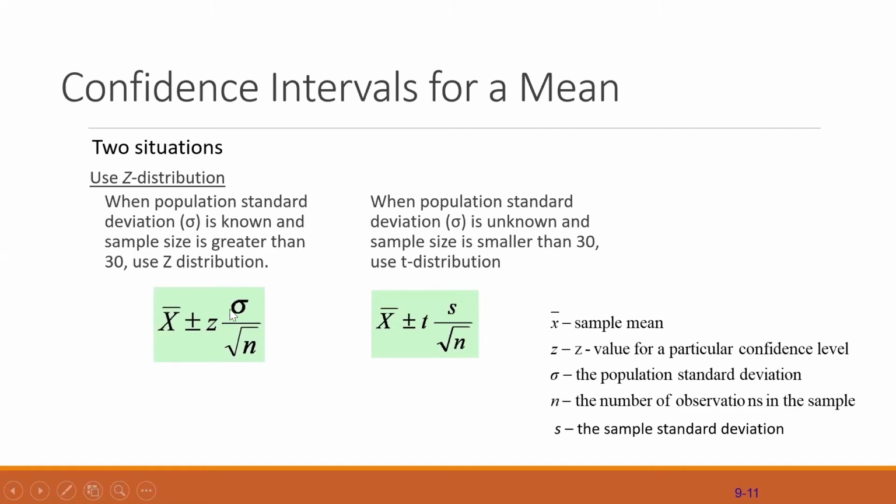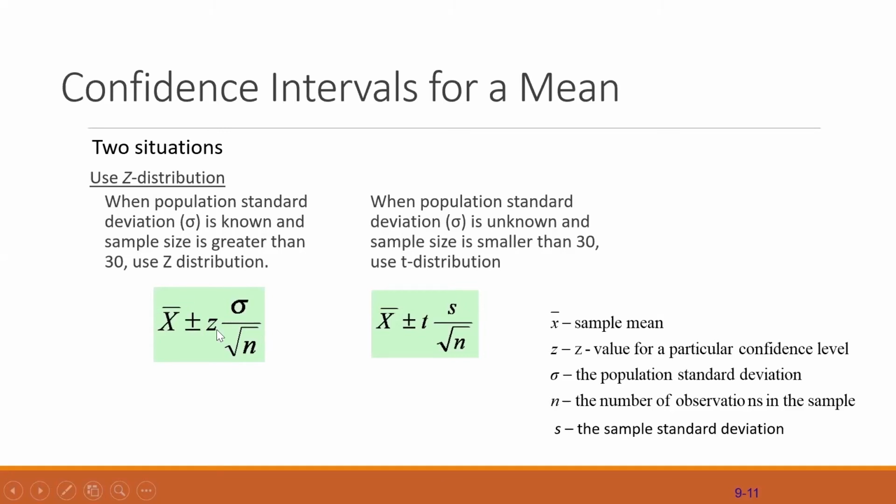That z-value comes from the standard normal distribution. Again, I do not intend to go beyond there. If you learned this and you still remember, that z comes from the standard normal distribution. Standard deviation comes from the population, if we can get it. Sample size comes from the sample.